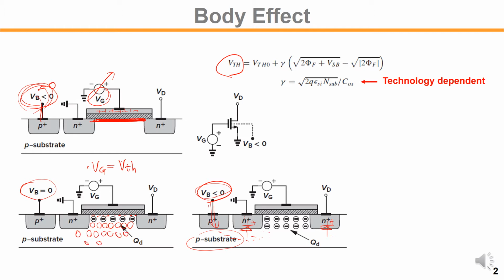So more electrons are supplied through this body, filling in the holes, and that creates a wider depletion region. So it becomes harder to make this channel inverted.